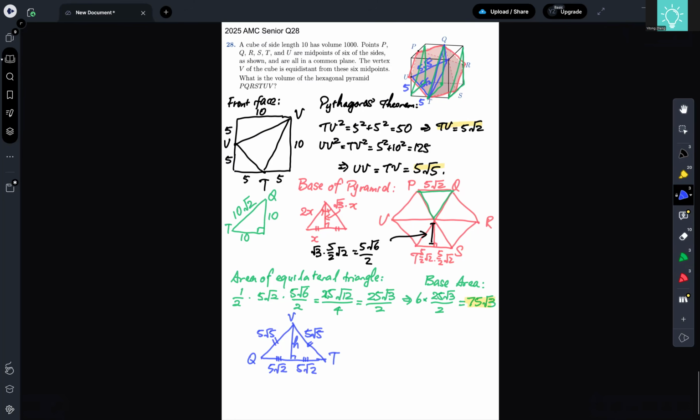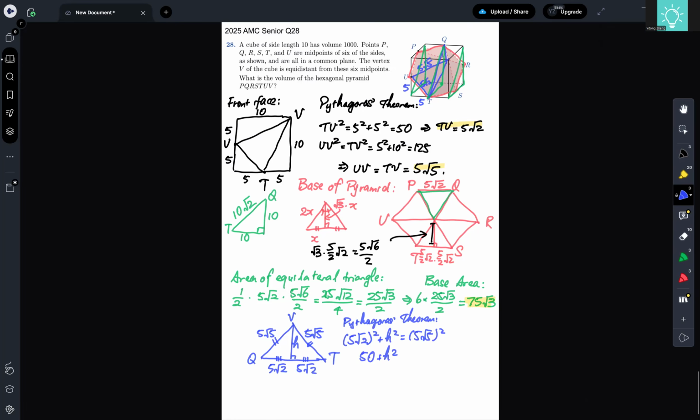Okay. And again, I'm going to use Pythagoras' theorem. So I've got 5 square root of 2 squared plus h squared is equal to 5 square root of 5 squared. 5 square root of 2 squared: 5 squared is 25, square root of 2 squared is 2, 25 times 2, that's 50.